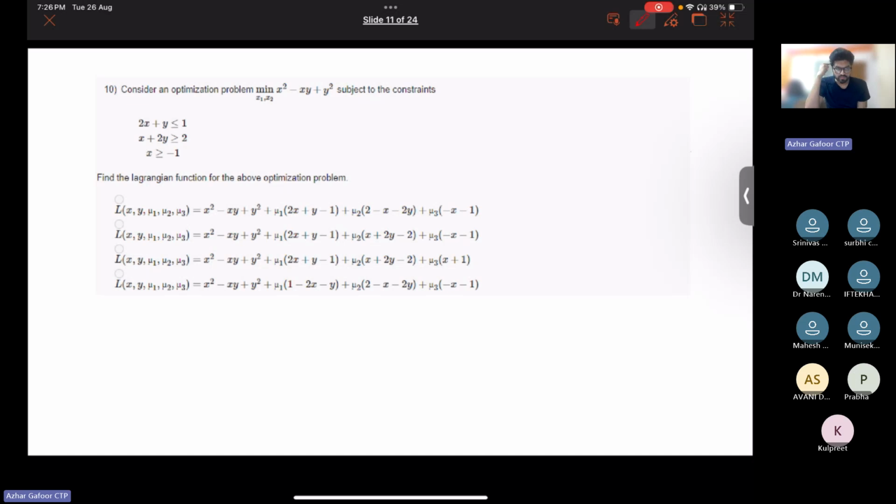Consider an optimization problem. What will be the Lagrangian? We'll have the f of x. Then we have to convert everything into the standard form. f of x is common everywhere.